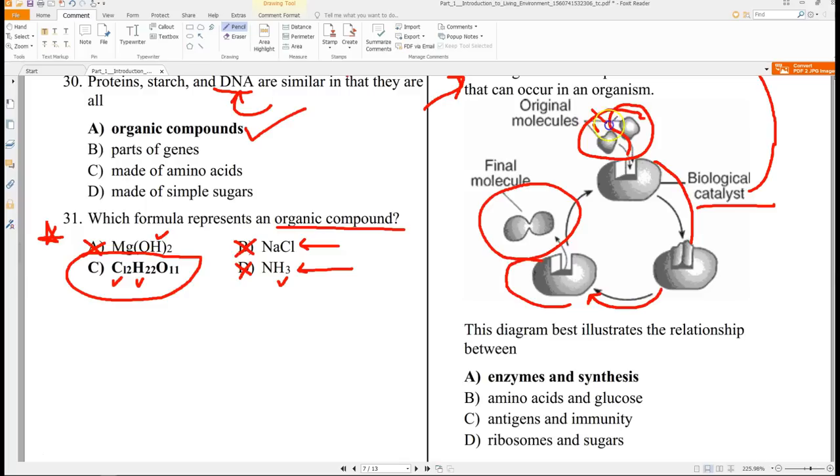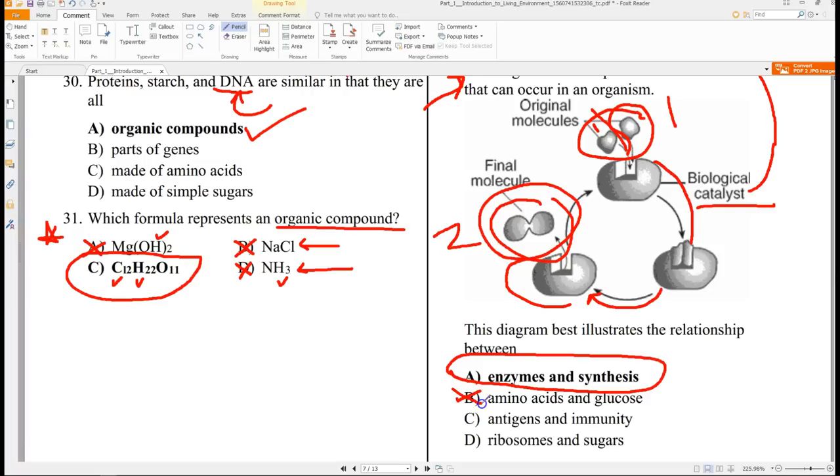So is this digestion? If this is step 1 and this is step 2, you started with two and you end with one. This made something brand new. This is not the same as this. This synthesized. This diagram best illustrates the relationship between enzymes and synthesis.